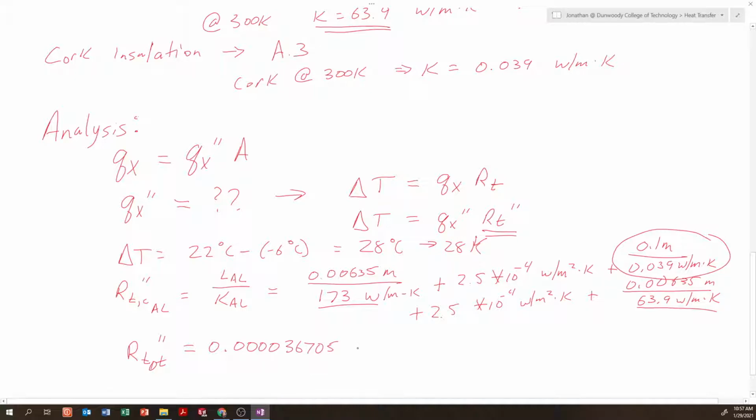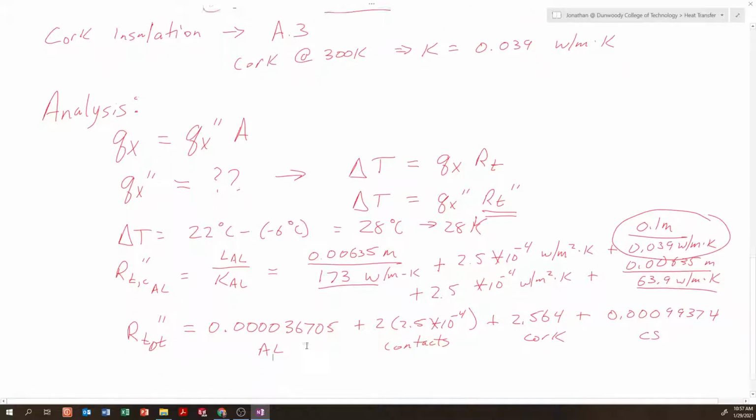0.000367 for my aluminum, plus 2 times that 2.5 times 10 to the negative 4 for the 2 contacts, plus 2.564 for my cork, plus my steel is 0.000993. So this is my carbon steel, this is my cork, contacts, this is my aluminum. So what do we see with that?